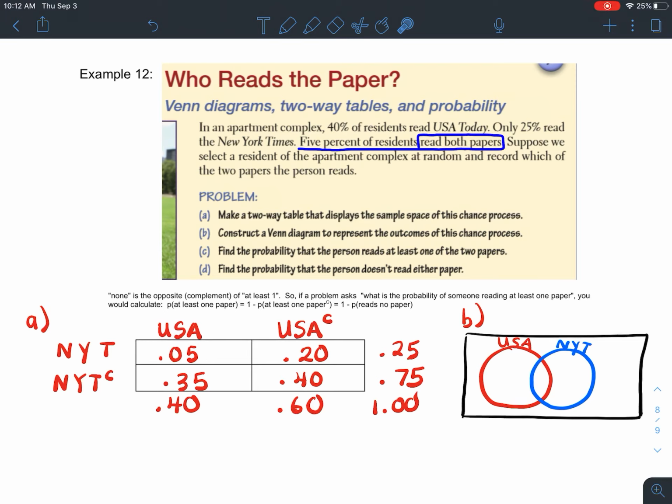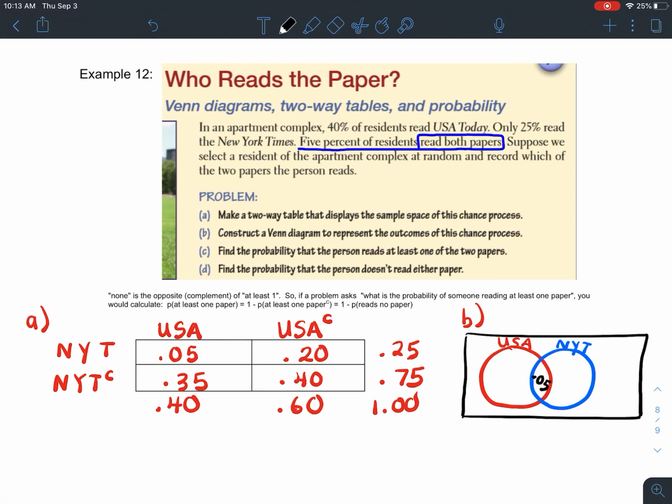I encourage you, when you are making a Venn diagram, if you are given the overlapping percent, like in this case, they read both papers, 5%, always start by putting that intersection amount in that overlapping area, 0.05. Okay, so we're going to think through here.